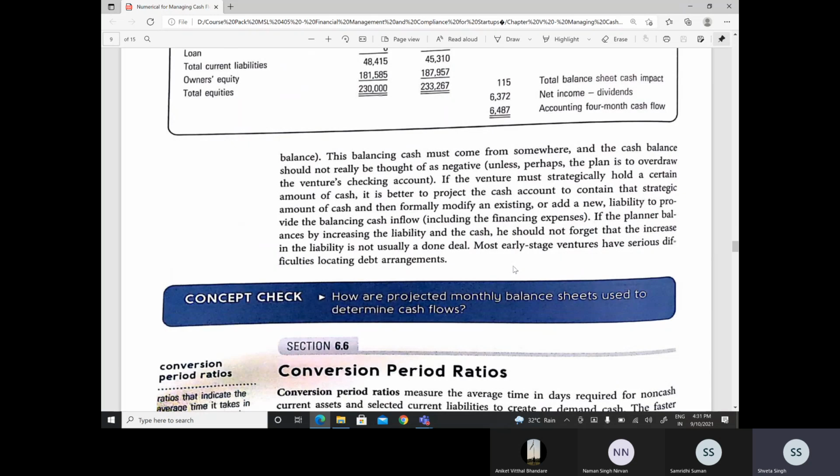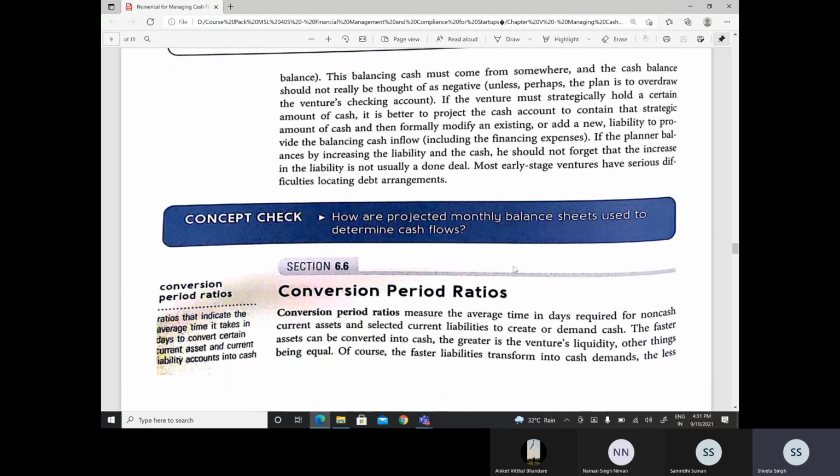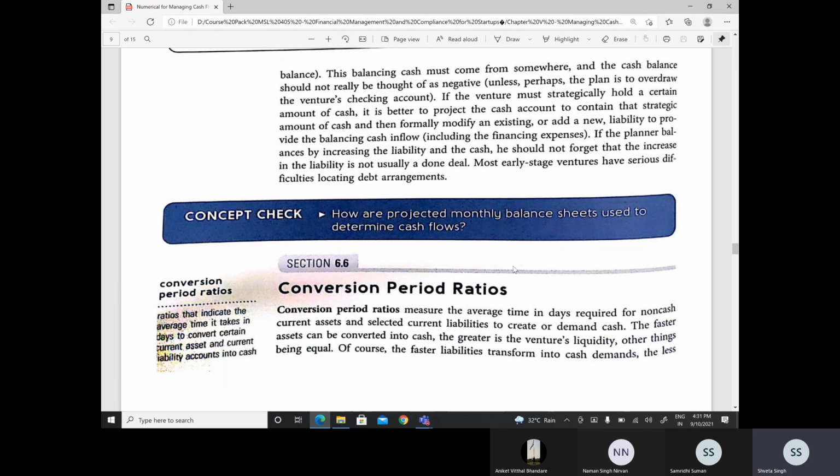Now this balancing cash must come from somewhere, and the cash balance should not really be thought of as negative unless perhaps the plan is to overdraw the venture's checking account. If the venture must strategically hold a certain amount of cash, it is better to project the cash account to contain that strategic amount of cash and then formally modify an existing or add a new liability to provide the balancing cash flow, that is including the financing expense.